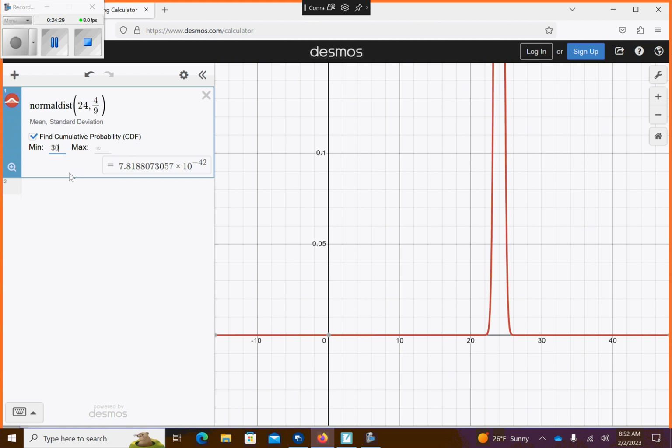At 81 games, now we have 4/9 that we're using. And so that changes it a little bit. So it's very unlikely that our player that we had all this data on for the years of playing basketball goes from scoring 24 points with a standard deviation of 4 to scoring 30 or more points in all 81 games.